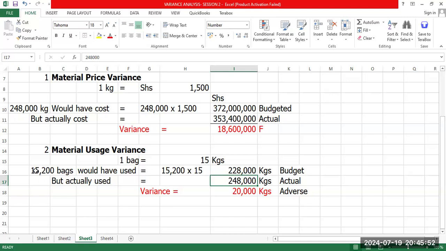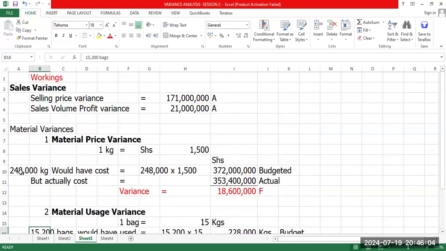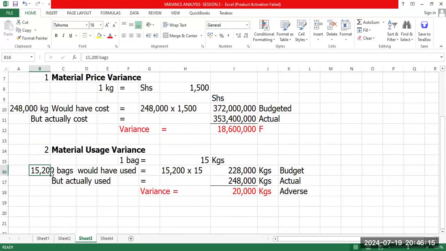So that's why we are saying 15,200 bags, not 240. You get the logic? We use the actual, the same way we did here. Are you fine now?